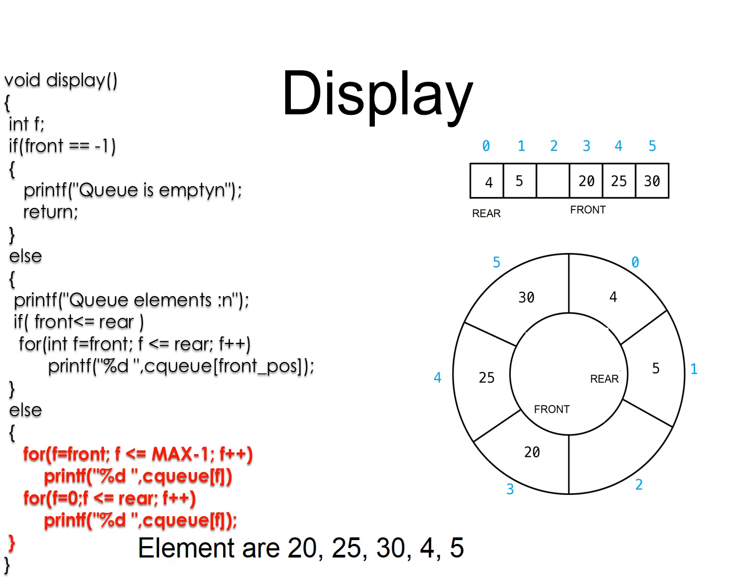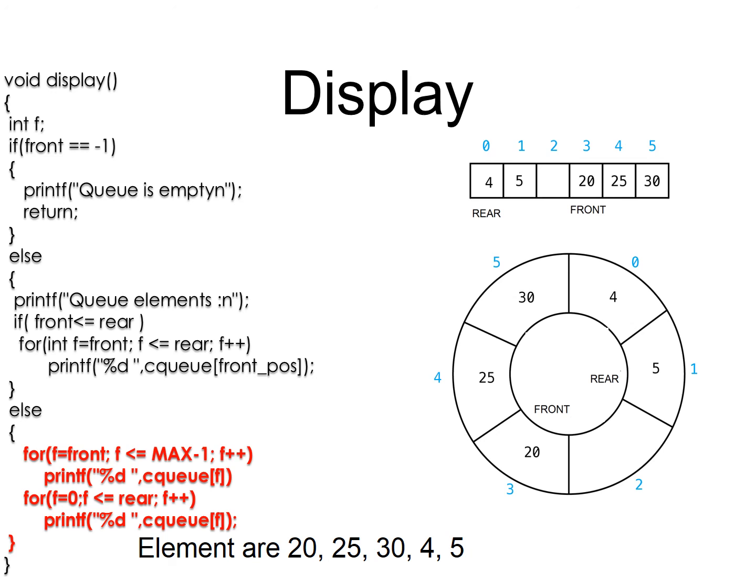So I have used two for loops here. The first for loop goes from the current front position till the last position. So f is equal to front, f is less than or equal to max minus 1, f plus plus. Now it will print all the elements from 3rd position to 5th position, that is 20, 25, 30. After printing this, the reused space also has to be printed. Now f is assigned to 0.